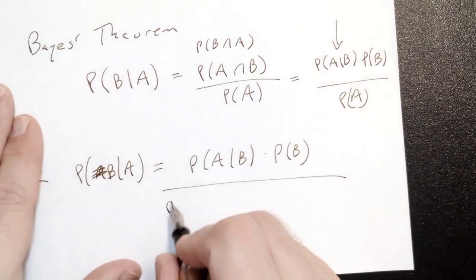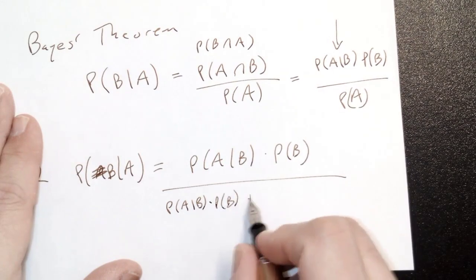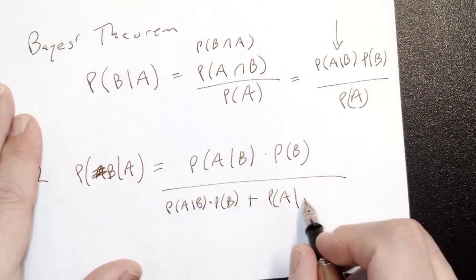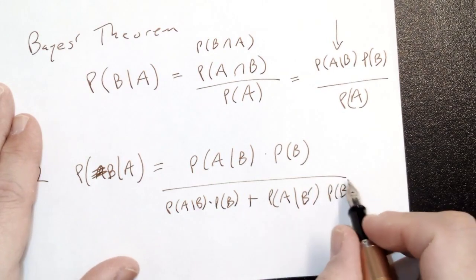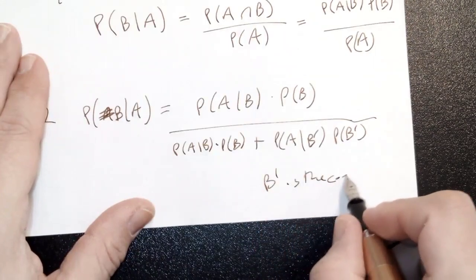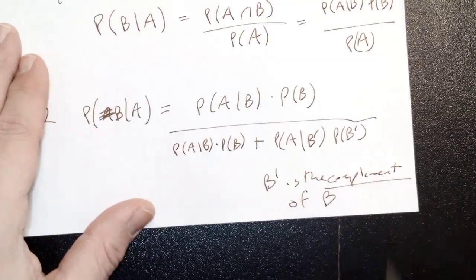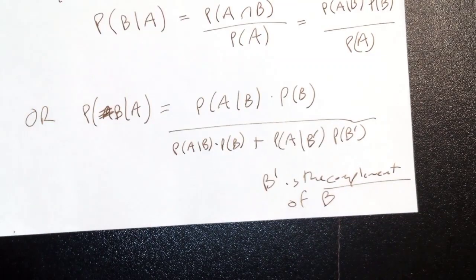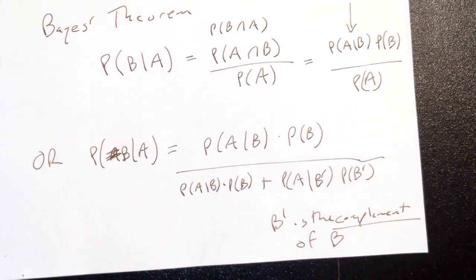The same thing goes on the bottom, and I add the chance of A given not B times the chance of not B. That's really only useful when I don't have the probability of A directly, when all I have are conditional probabilities.